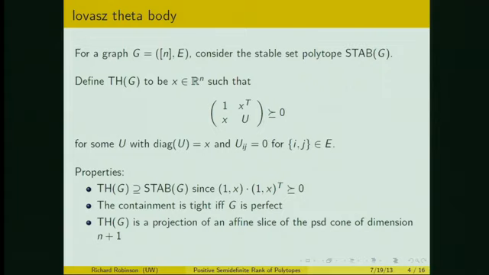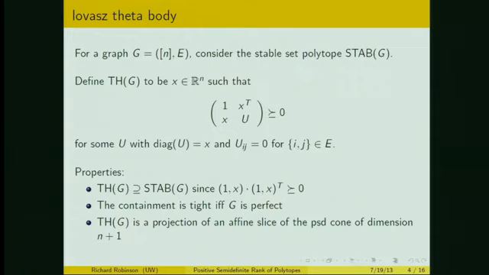outer product of the vector (1, x) with itself is PSD. And if we stick in a vector corresponding to a stable set of the graph, then that will satisfy these conditions on U. But it can also be seen that this containment is tight if and only if the graph is perfect.